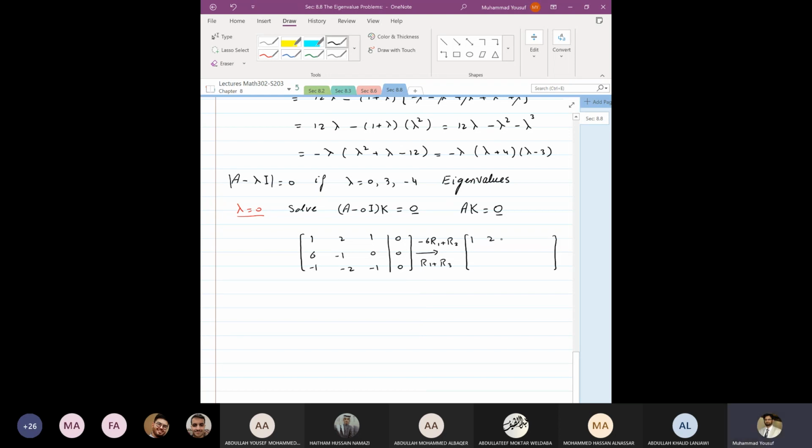One, 2, 1, and the right side is 0. Minus 6 plus 6, 0. 2 multiply minus 6, minus 12, minus 1, minus 13. Minus 6 multiply 1 is minus 6 plus 0 is minus 6. And the right side will have no change because there are zeros. 1 minus 1, 0, 0.